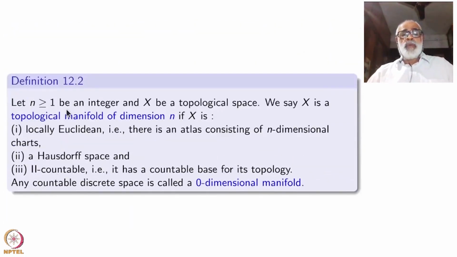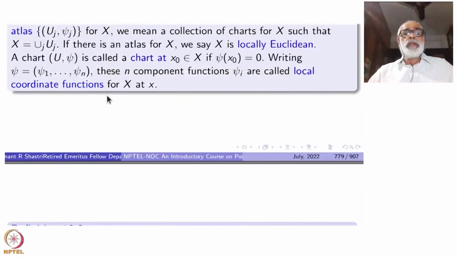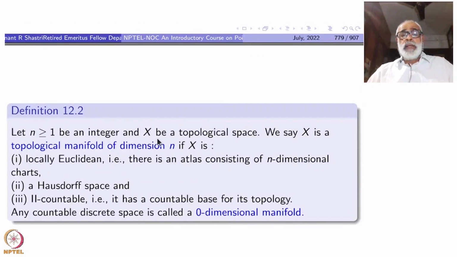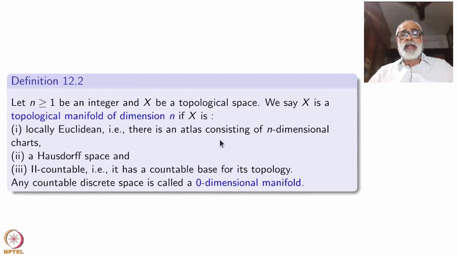For n greater than or equal to 1, I think capital N is the same thing as n greater than or equal to 1 here, integer. Let X be a topological space. We say X is a topological manifold of dimension n if it is locally Euclidean in the above sense. That is, there is an atlas consisting of n-dimensional charts.